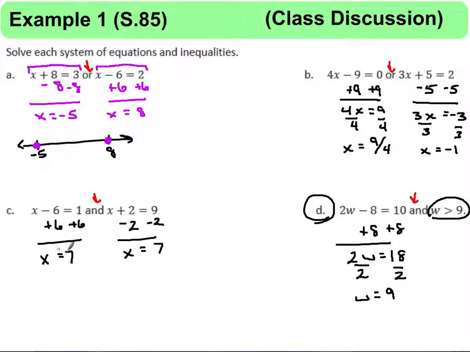In C, in order for the statement to be true, it needs to be equal to 7. But in part D, because w is equal to 9, and w has to be greater than 9, well, that's a problem. There's no way something can be equal to 9 and be greater than 9. So the technical name for this set is the empty set or the null set, or basically no solution.